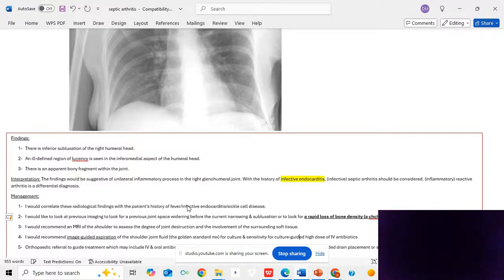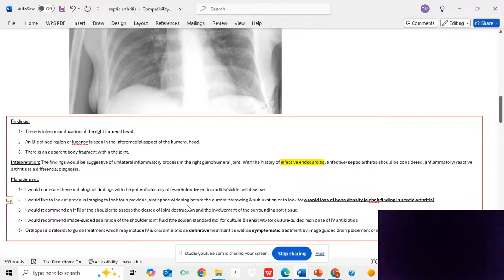Okay, so this was the first case of septic arthritis.